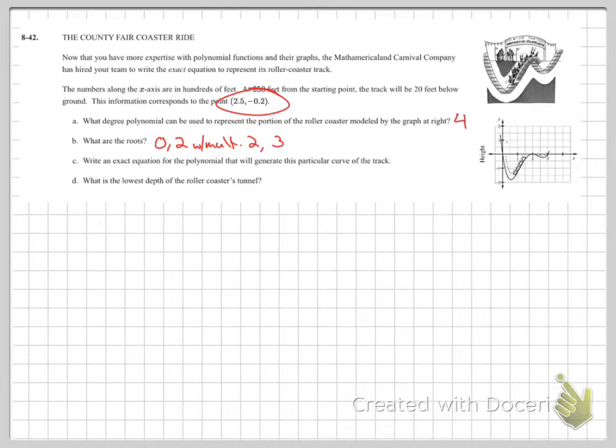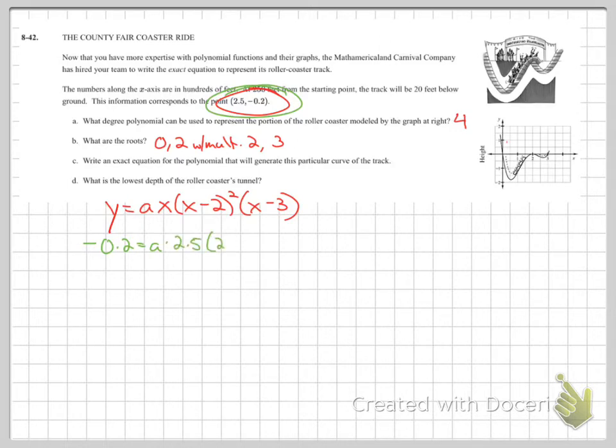Write an exact equation. So y equals a. We've got a root at 0, so x. We've got a double root at 2, so minus 2 squared. And we've got a root at 3, so minus 3. And then we know that other point given up at the top. Negative 0.2 equals a times x is 2.5.